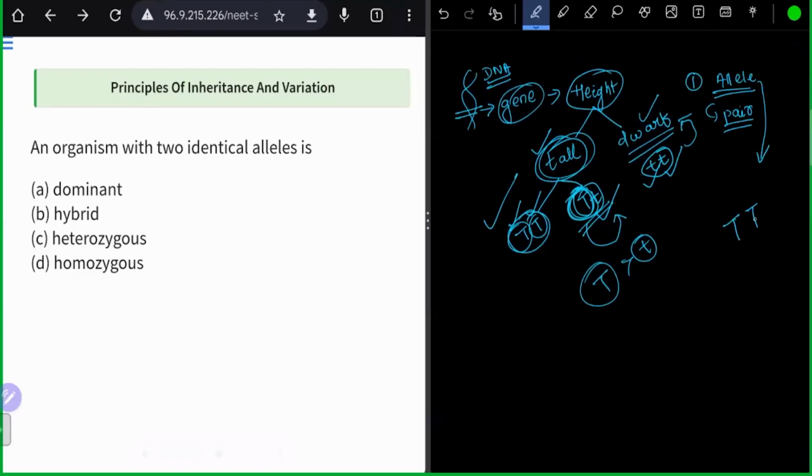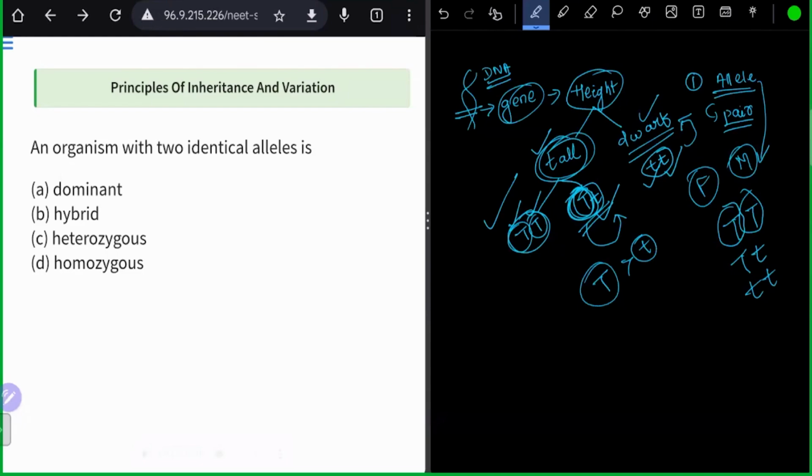It can be TT, that means two capital T, one capital T and one small t, or two copies of small t. How is it inherited? One allele is inherited from the father and one from the mother, so an individual inherits one allele of each gene from each parent.